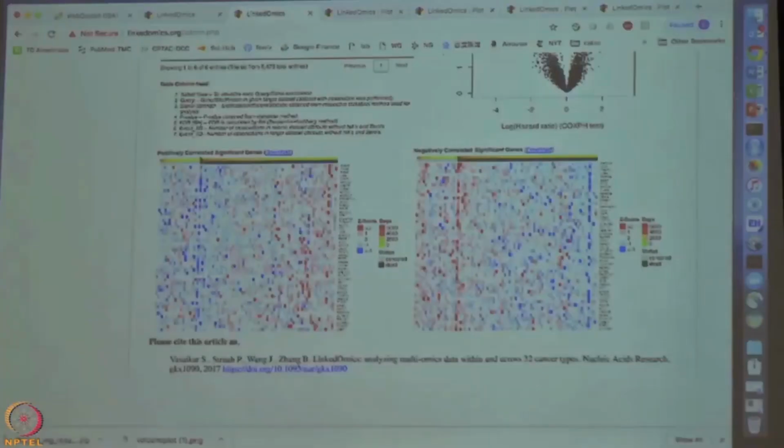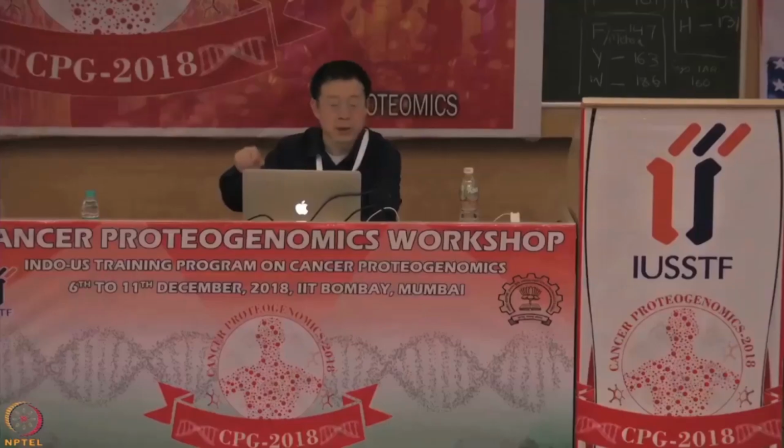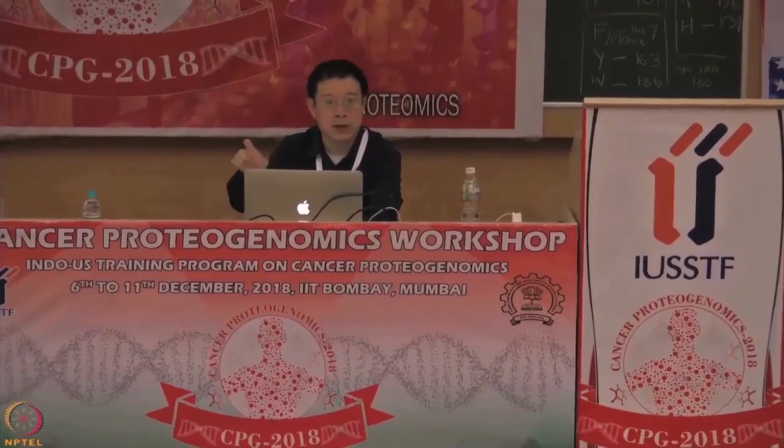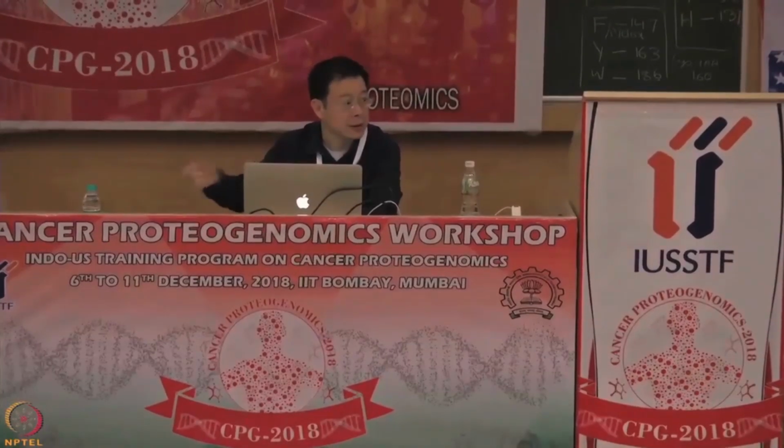For binary data, it's subtype 1 versus other subtype, and then you just have these two parts, right? But for survival data, you have the death event, still alive or dead, right? But then you also have the time of survival.